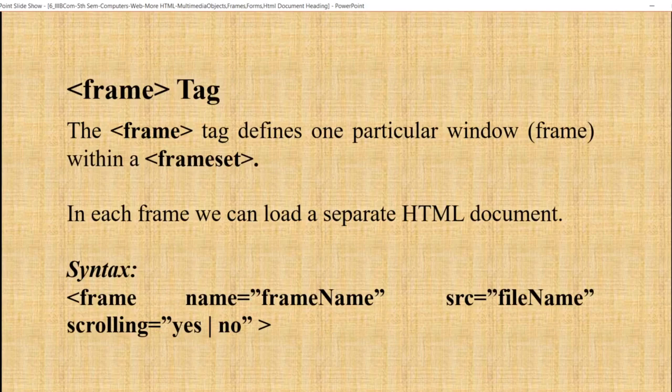What is the tag that is used in a frameset? Frame. The frame tag defines a particular window within a frameset. I divided the frameset into 3 parts, 10%, 80% and 10%.